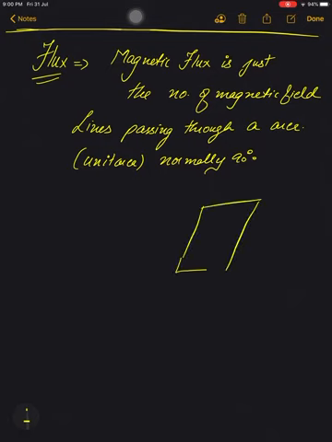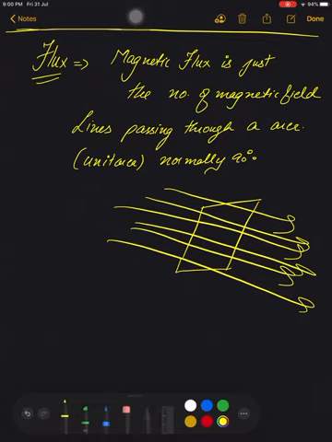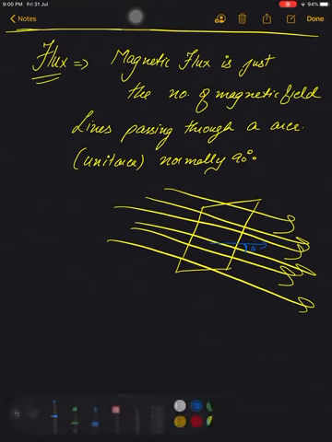But in simple words we can understand that suppose there is an area in which magnetic field lines are coming like this, and we have a normal associated to the surface like this. So the angle between these two is taken to be theta.